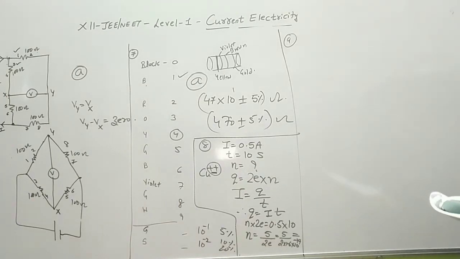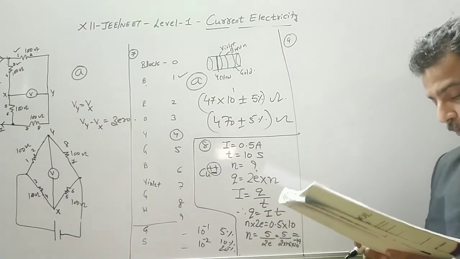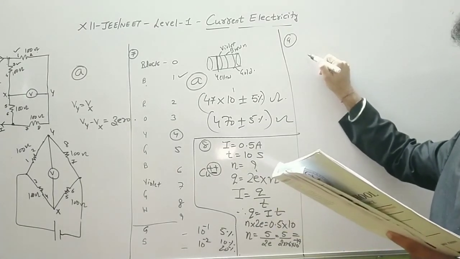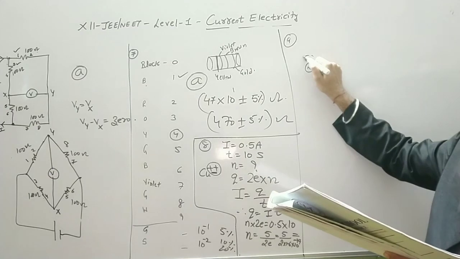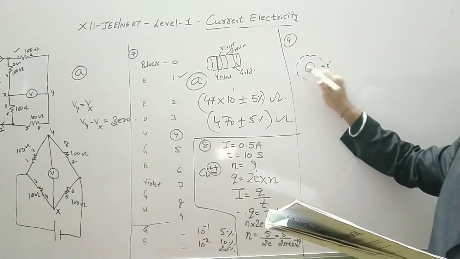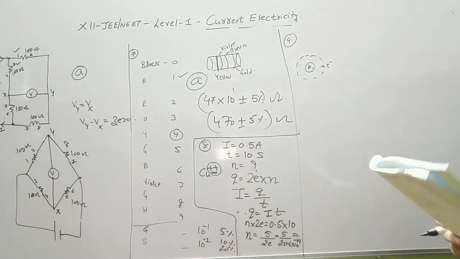Question number 9. In the case of a hydrogen atom, an electron moves in an orbit of radius R. So in a hydrogen atom, let us say this is a nucleus and an electron is revolving. This is a proton, or a nucleus, positively charged.